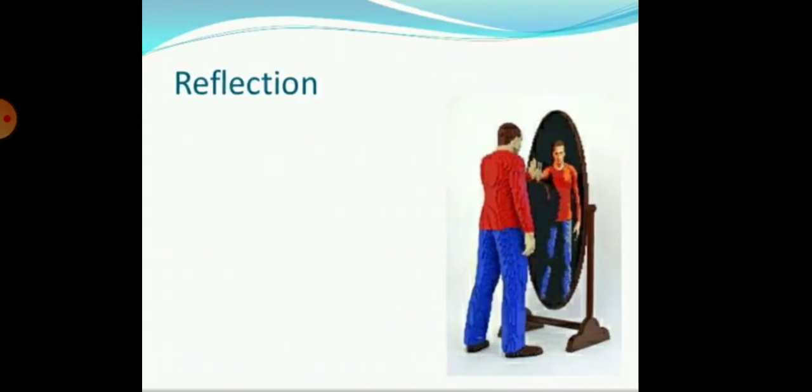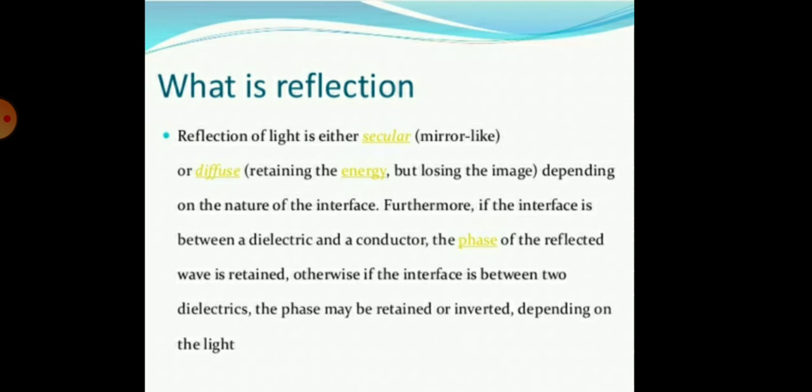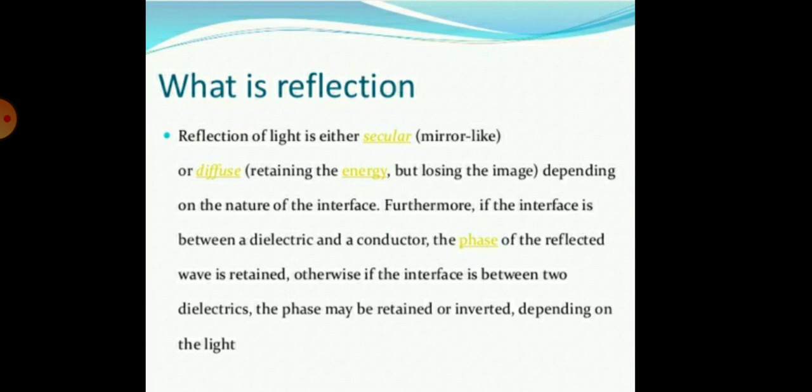Children, this is the reflection. We know about reflection, but children, what do you mean by reflection? Reflection of light is either mirror-like, specular, or diffuse, retaining the energy but losing the image, depending on the nature of the interface.